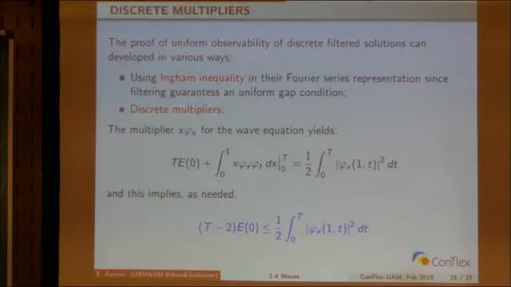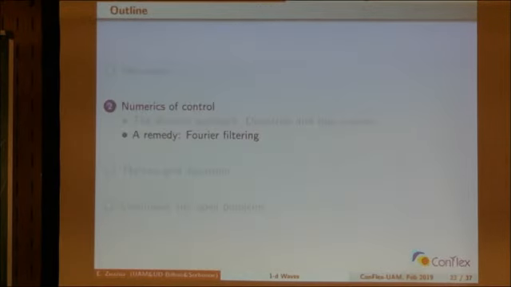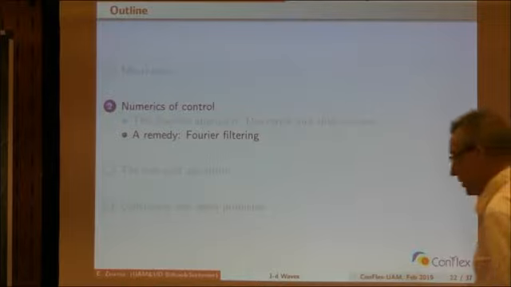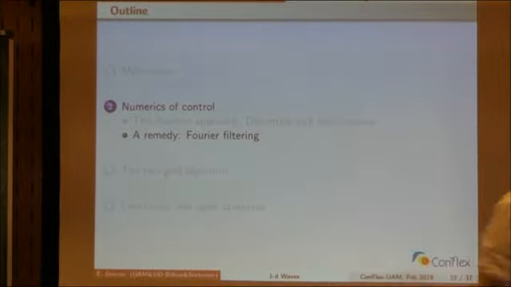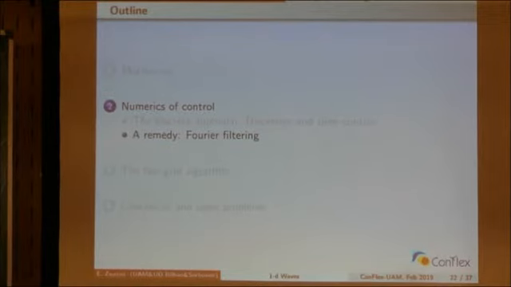Okay? So now I said filtering in Fourier means that in my numerical code, in which, you remember, the numerical code was, out of the adjoint wave equation, build the functional J, then discretize JH, and then minimize JH.